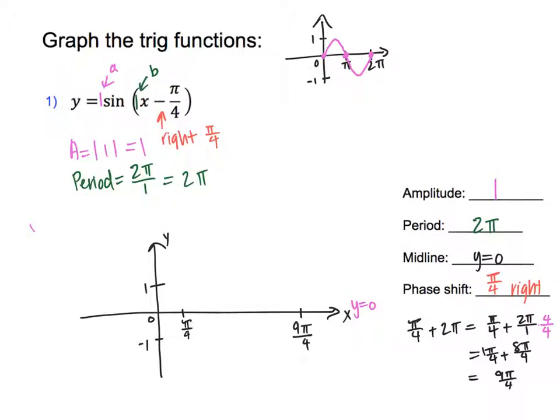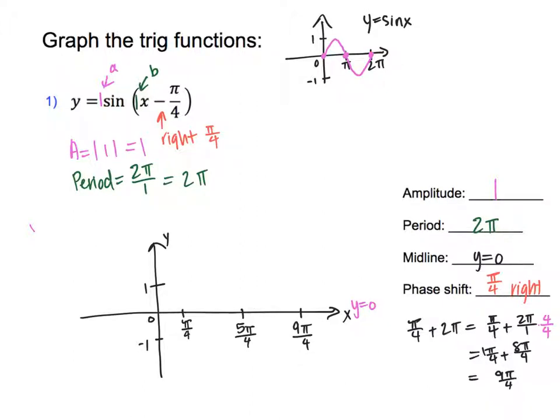over 4. But another important marker that I need to make is the halfway point. Notice how for 0 to 2 pi, the halfway point is pi. I have a halfway point here for just the original sine graph. So I want to create a halfway point for this graph. So let's just think about it. If you have pi over 4 here, and this is 9 pi over 4, isn't the halfway point 5 pi over 4? Let's just count for a moment.